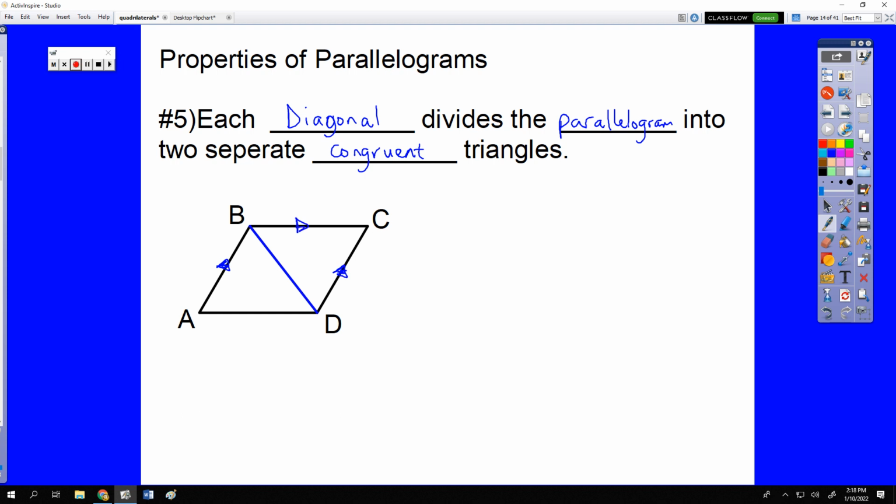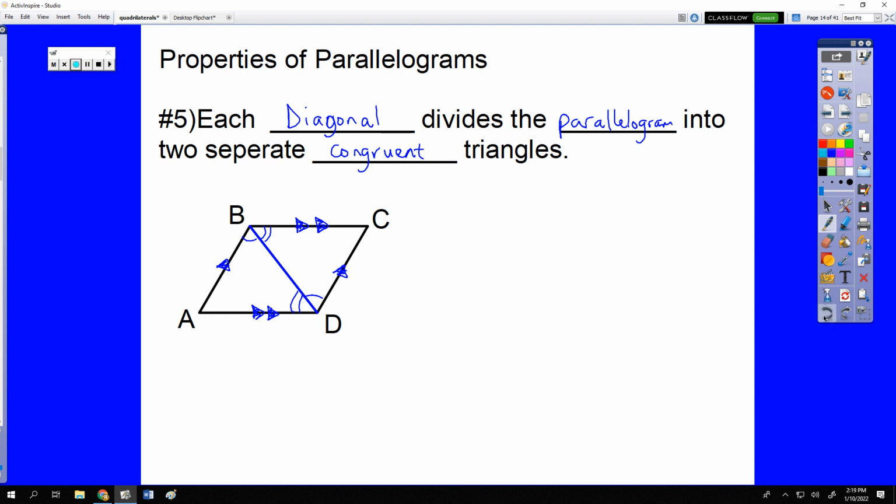If we have parallel lines, that gives us alternate interior angles because BD would be a transversal. That would mean that angle ABD and angle CDB must be congruent because they're alternate interior angles. And angle CBD and angle ADB have to be congruent because they're alternate interior angles. Then we've got that reflexive side. Well, there you have angle side angle congruence.